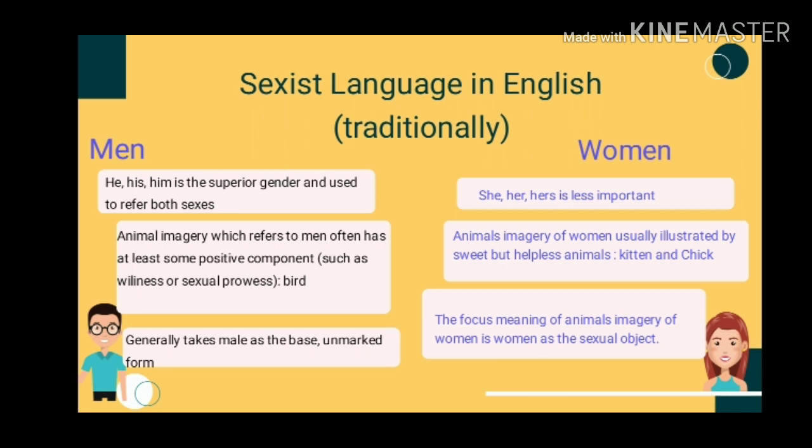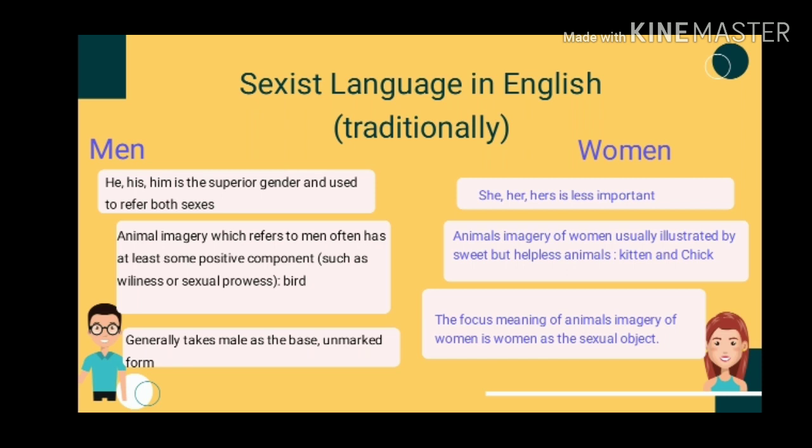There are some animal imageries for boys, but they have positive meaning, like a bird. A bird is an animal that can fly, so it means a boy is free to do anything.